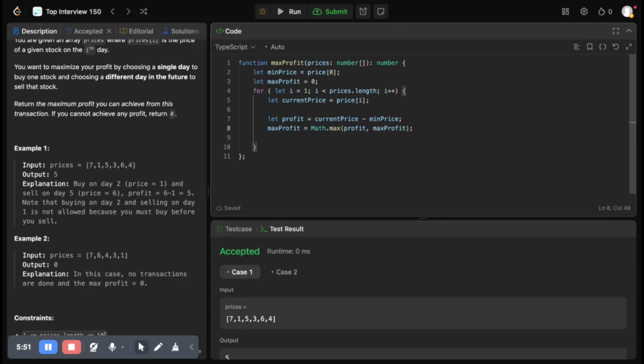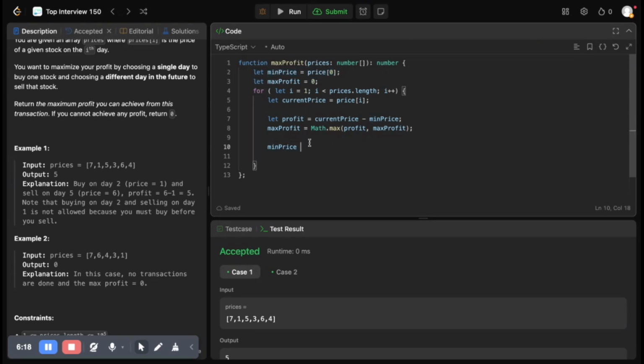Then finally, we need to update the value of minimum price, because here what we did was to store the value of the first day as the minimum price. If the value of the second day is lower, we need to be able to update the minimum price to contain the minimum value we find.